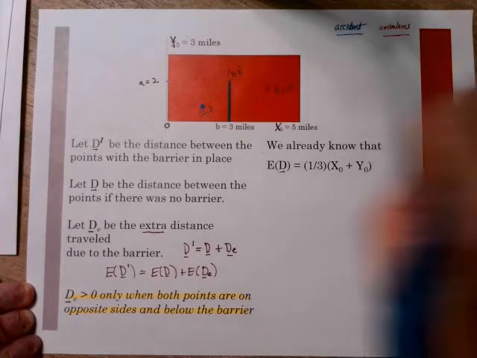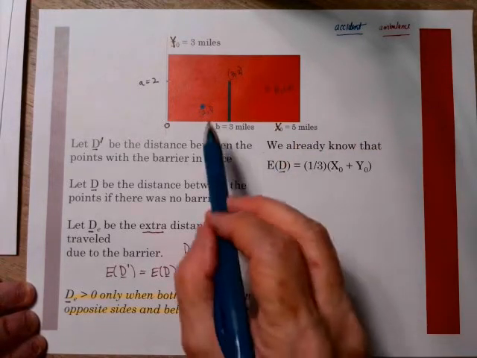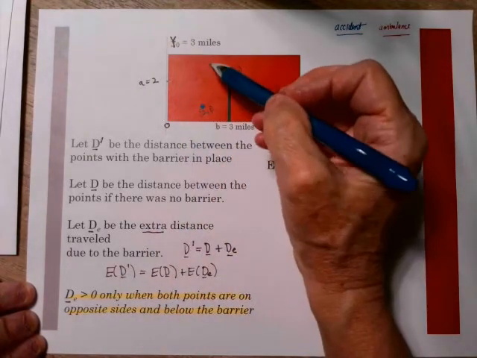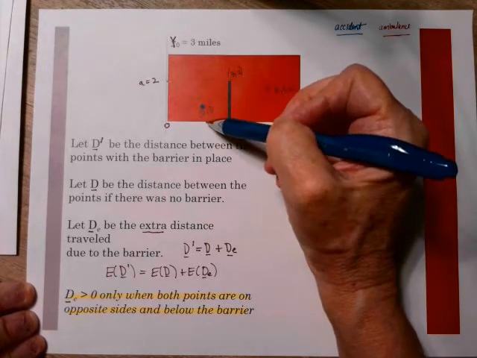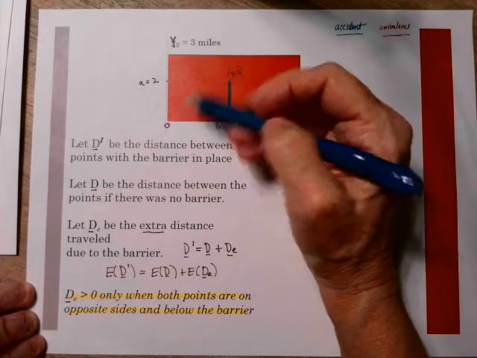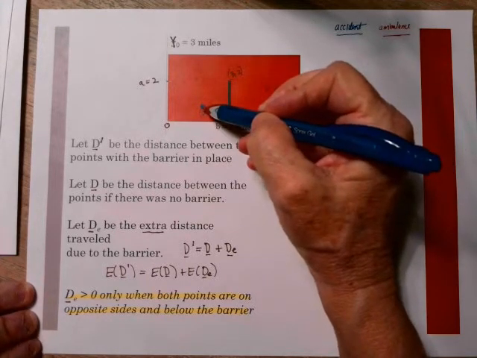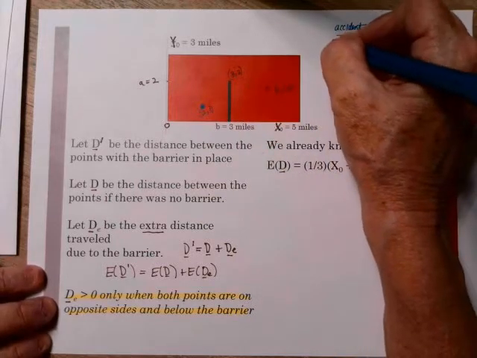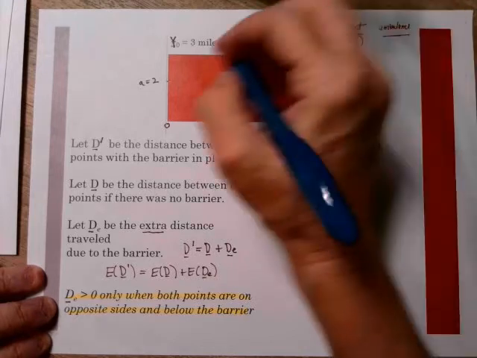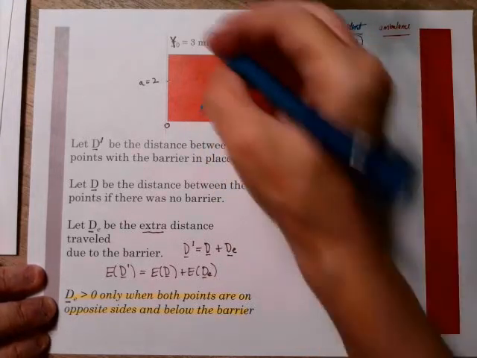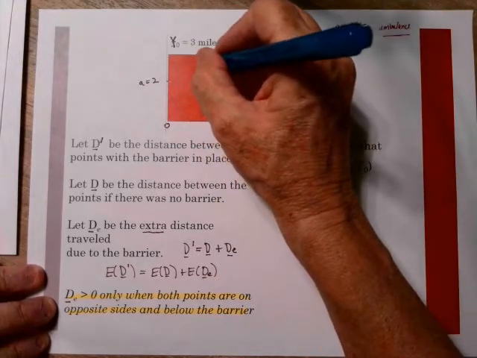So suppose I took an accident and put it up here somewhere, at 2 and 2.5, with 3 miles being the height. I'll make a tiny little X where that might be.